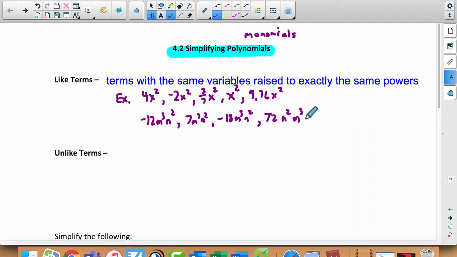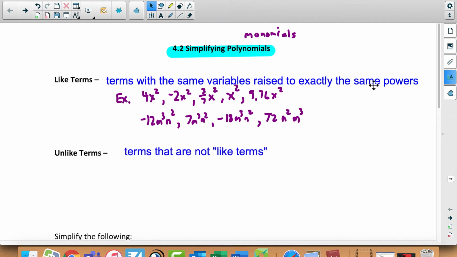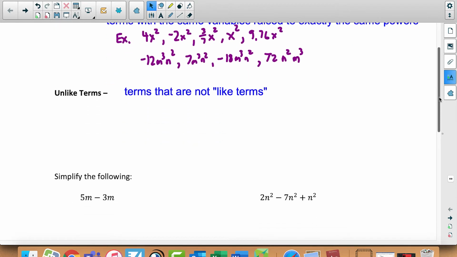Those actually are like terms. Now we don't usually write it like this because remember we like to write it in alphabetical order. But if you look, these all have an m cubed, m cubed, m cubed, m cubed, and they all have an n squared, n squared, n squared, n squared. So these are all like terms as well. Okay? I bet you can guess what unlike terms are. Unlike terms are terms that are not like terms.